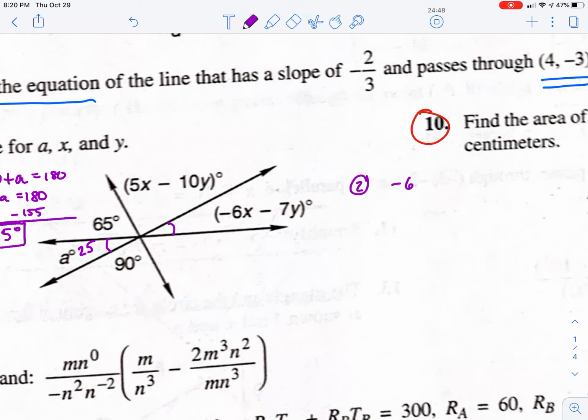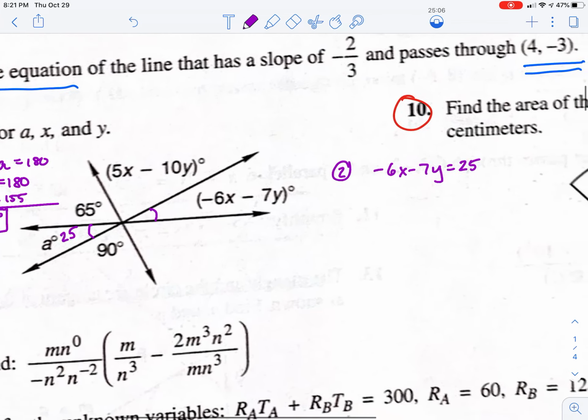So negative 6x minus 7y is equal to its vertical angle of 25 degrees. That's not actually what I did, but that is what I'm going to do now.